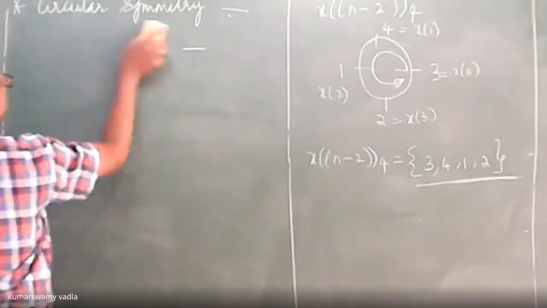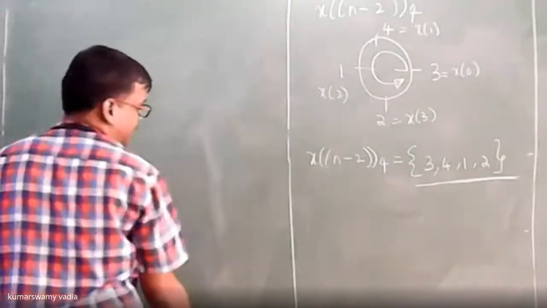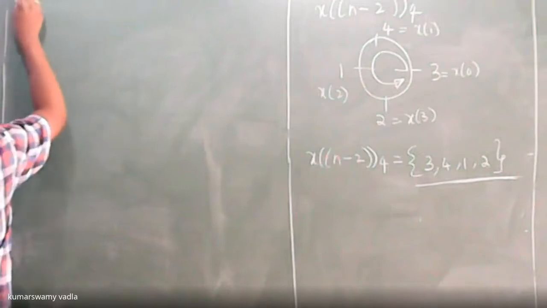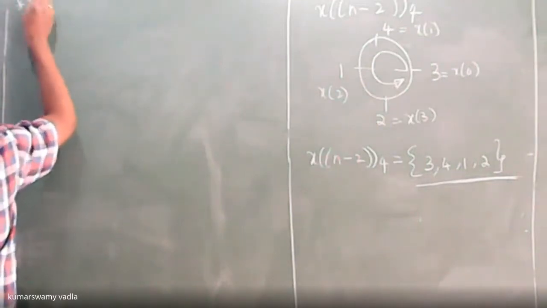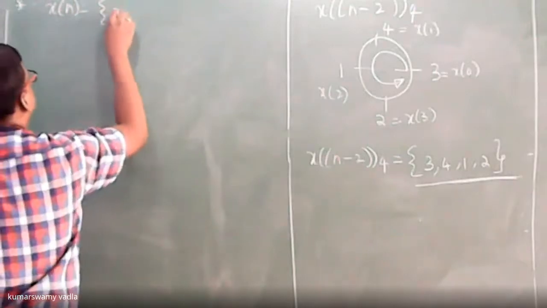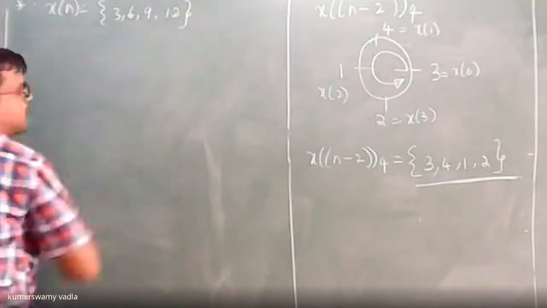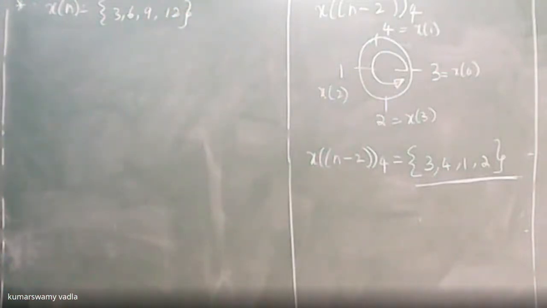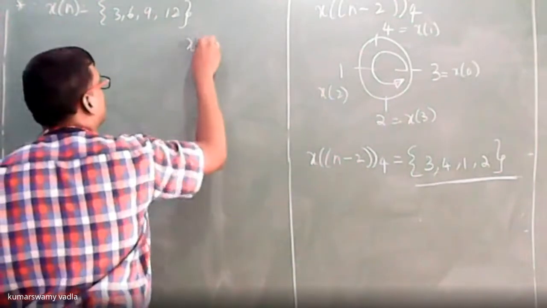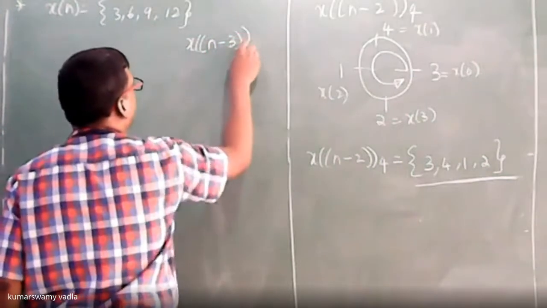Let us do one example on this so that it will be more familiar to you. Again, I will repeat this process. Please concentrate on the board. Example: x of n is 3, 6, 9, 12. Now, I am telling you to draw x of n minus 3 of 4.